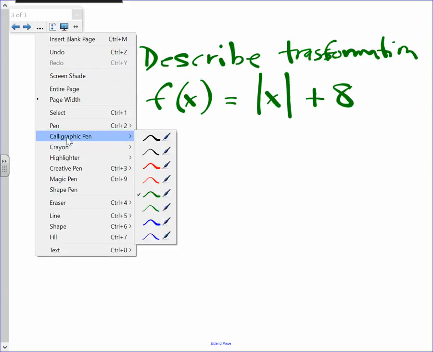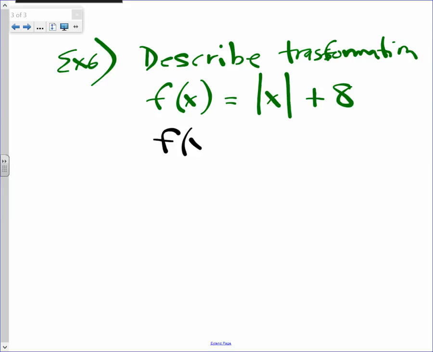Let me write the parent function in black. The parent function is f of x. This is the one we did in warm-up. So the parent is in black, child is in green. Who can describe the transformation? Well, before you guess, who would like to take a guess here? Describe it using academic language that I just displayed on example 5.